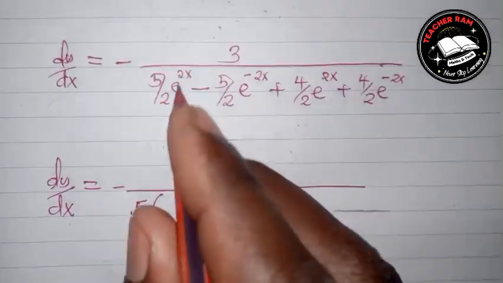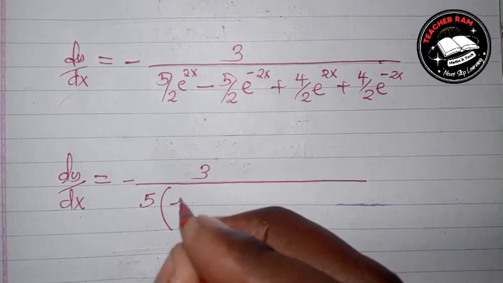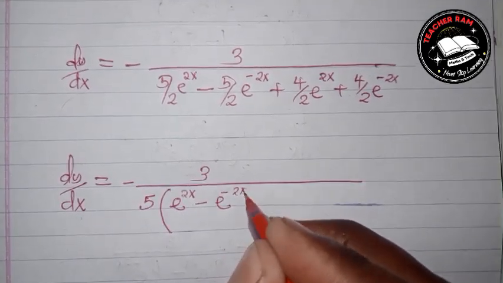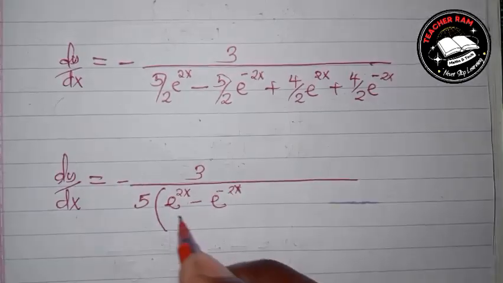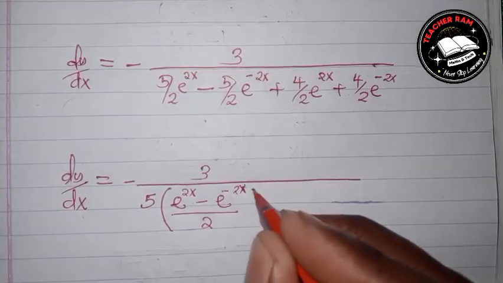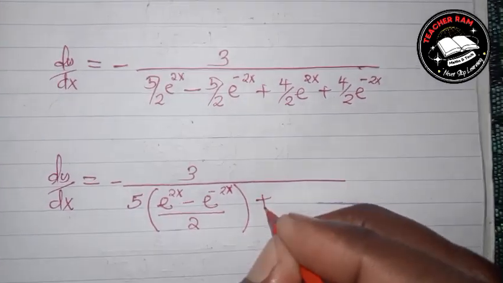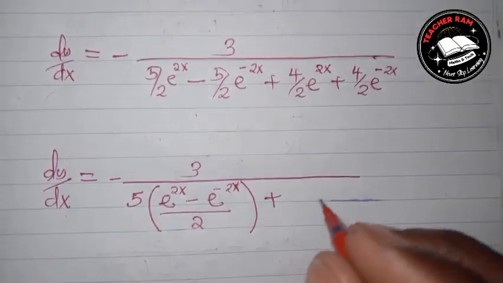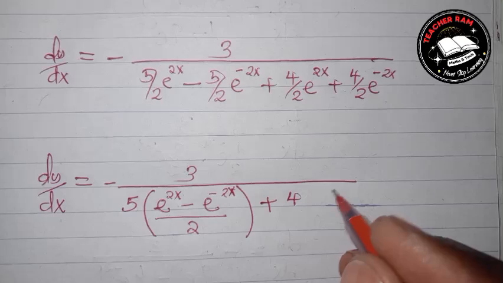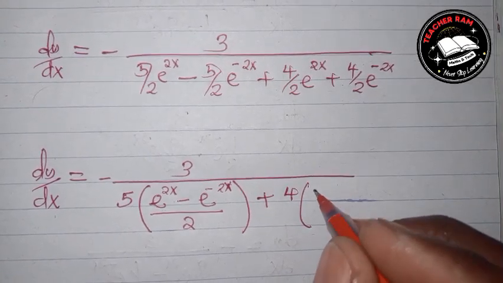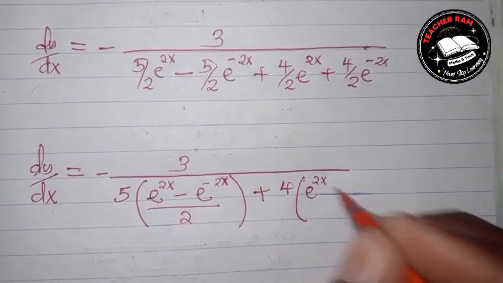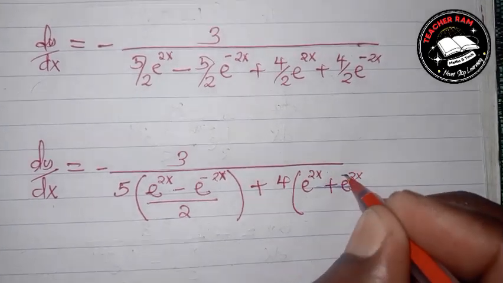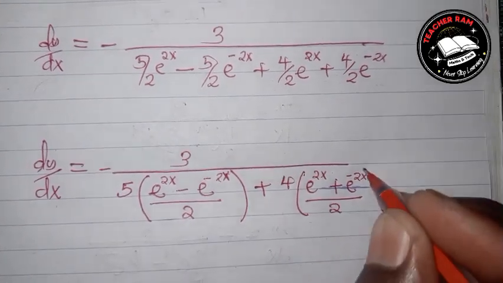Here inside we'll have e power 2x minus e power negative 2x, and remember 2 is common, so we're going to put it as 1, closing the bracket, then plus again 4 and 4 is common, taking 4 inside we'll have e raised to 2x plus e raised to negative 2x, and then divided by 2.